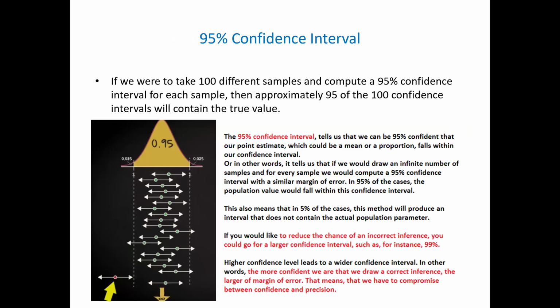Now, this confidence interval we are talking about: if we were to take 100 different samples and compute a 95% confidence interval for each sample, then approximately 95 of the 100 confidence intervals will contain the true value. Do you get the statement now? Imagine you take your sample, you estimate something, you calculate the confidence interval. You do it 100 times.